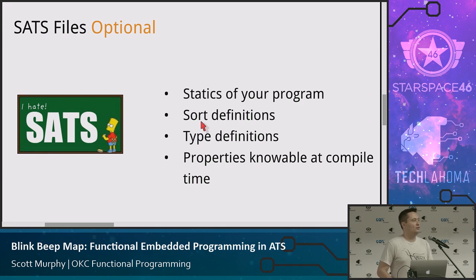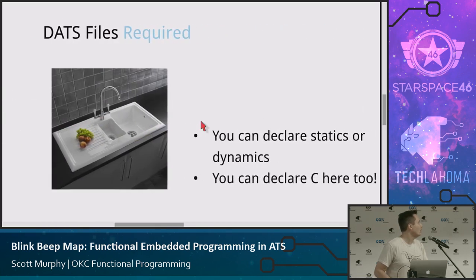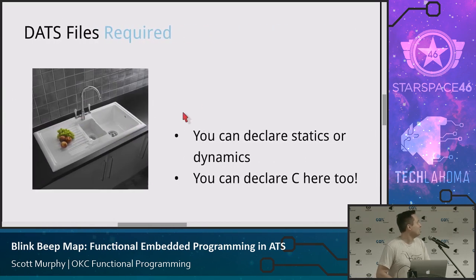Sort definitions. So a sort is a type of a type, basically. So you define sorts in ATS too. Why not? And then DATS files. DATS files are dynamic ATS, right? So this can be any of the other categories plus everything that can happen at runtime. So that's, you know, really everything.